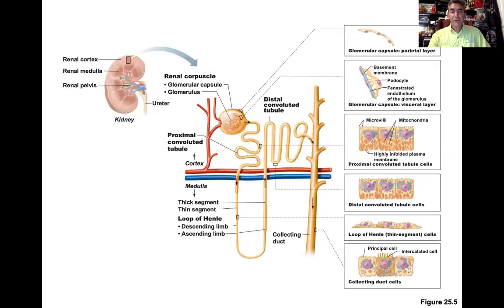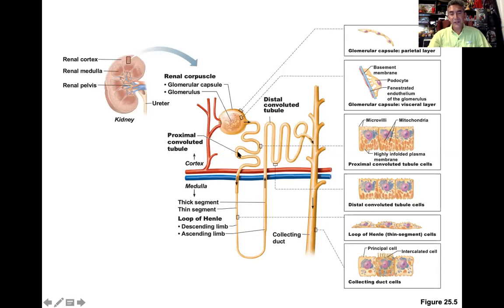So again, just to give vocabulary here, location. We are at the cortex medulla junction, right? So that's the watermelon shell, peel, whatever you want to call it, and then the red part, right? So that junction between cortex and medulla.